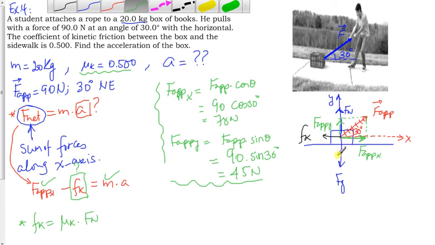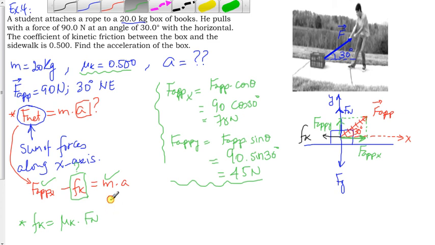Since there is no motion along the y, the sum of forces that are downward equals the sum of forces that are upward. Like we used to put Fg equal Fn before in the previous problems. But now I have a third force along the y. So I have to equate the downward force to the sum of upward forces.